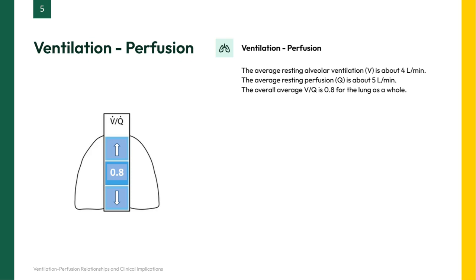The ratio of ventilation to perfusion, or V over Q, is important because it reflects how well air and blood are matched for efficient gas exchange. For the entire lung, this ratio averages around 0.8, indicating that perfusion slightly exceeds ventilation under resting conditions. Understanding this balance is crucial for recognizing how the lungs optimize oxygen uptake and carbon dioxide removal.